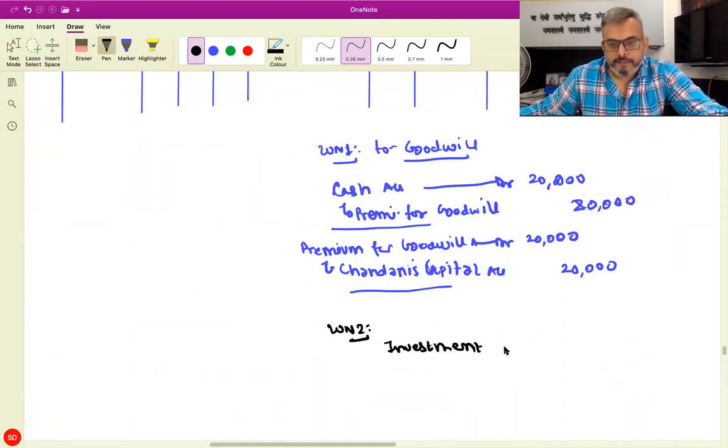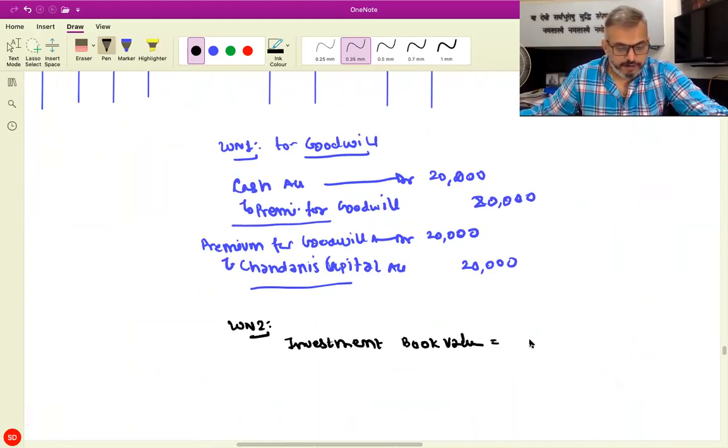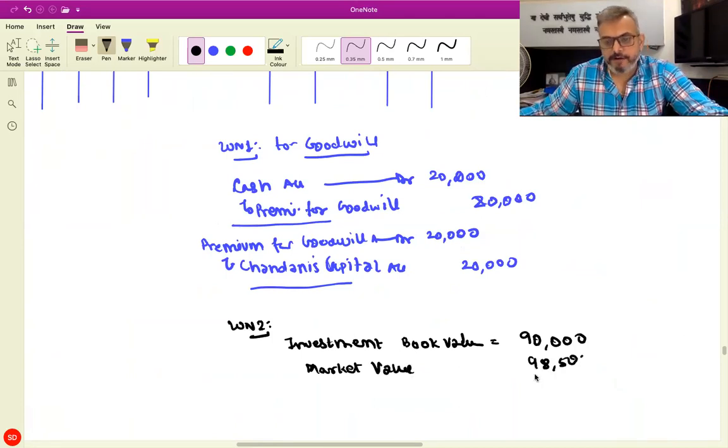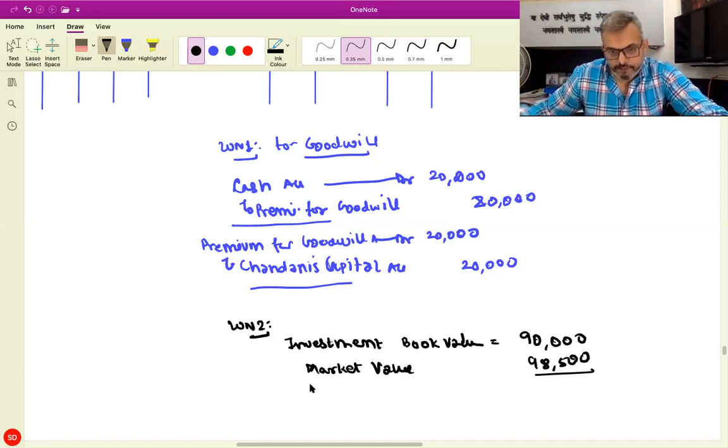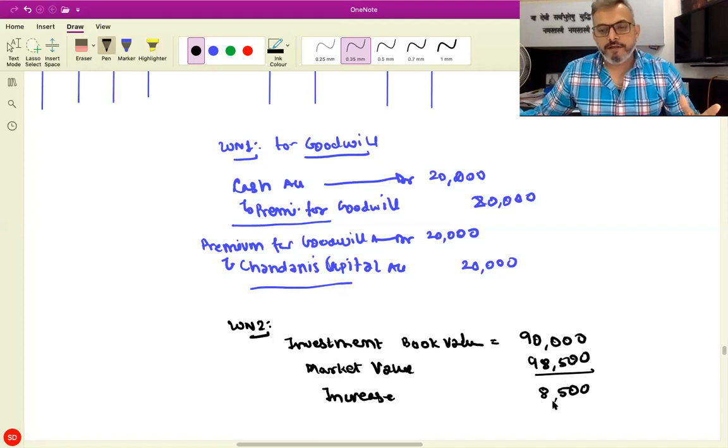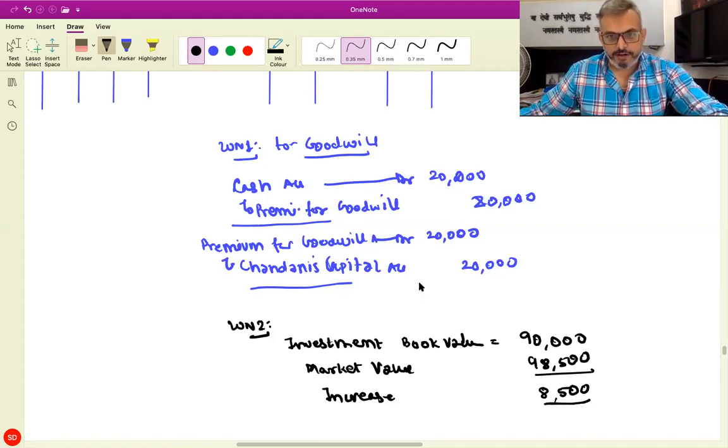Investment book value is equal to 90,000, market value 98,500. Awesome. The investment prices have gone up, the value has gone up. So there is an increase. If there is an increase, then we don't need the money in our provision anymore, so we will distribute that money among the partners.